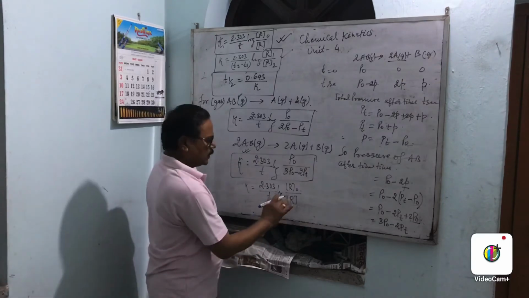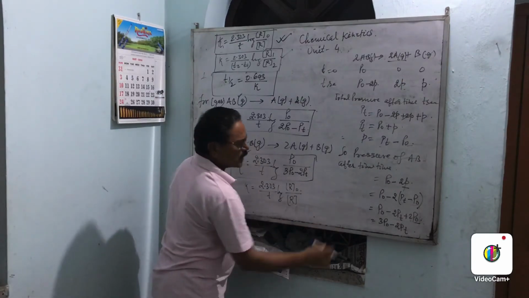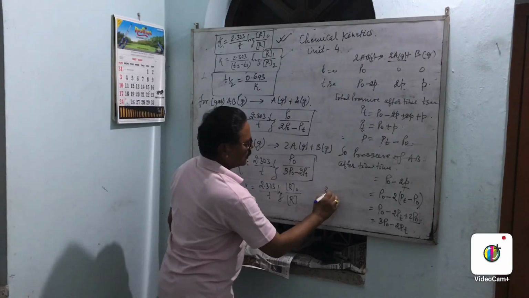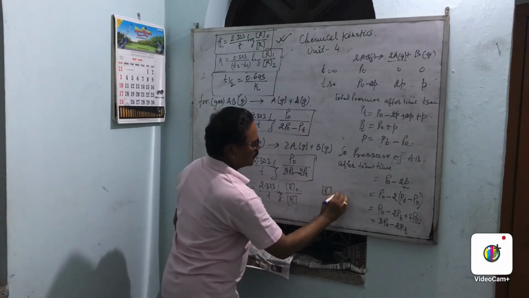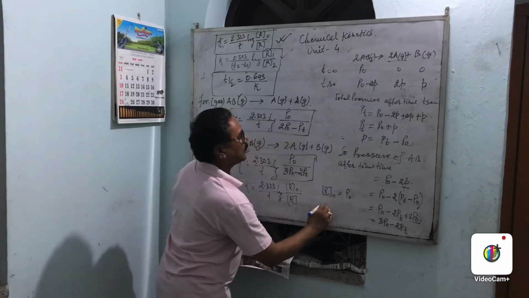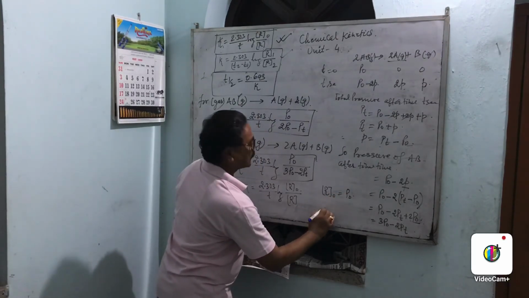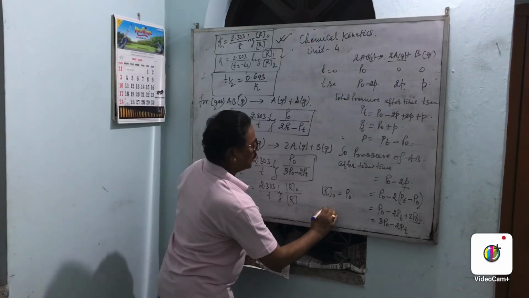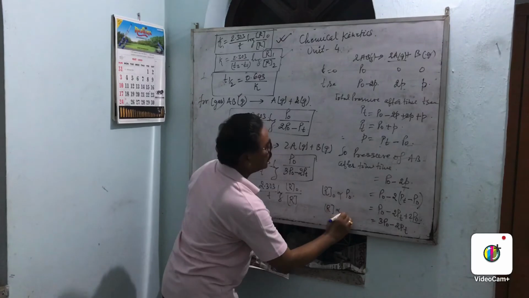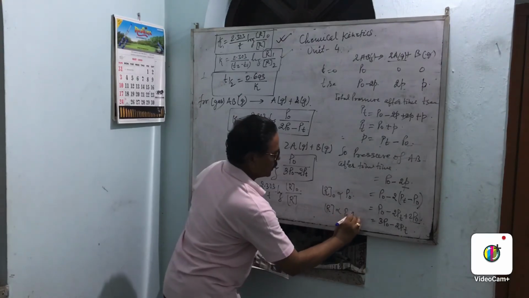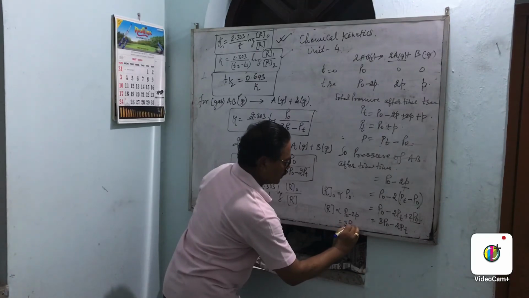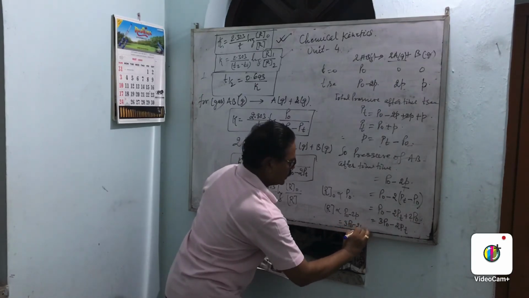Here R naught is directly proportional to P naught, and R is directly proportional to P naught minus 2P, and this value comes to be 3P naught minus 2PT.